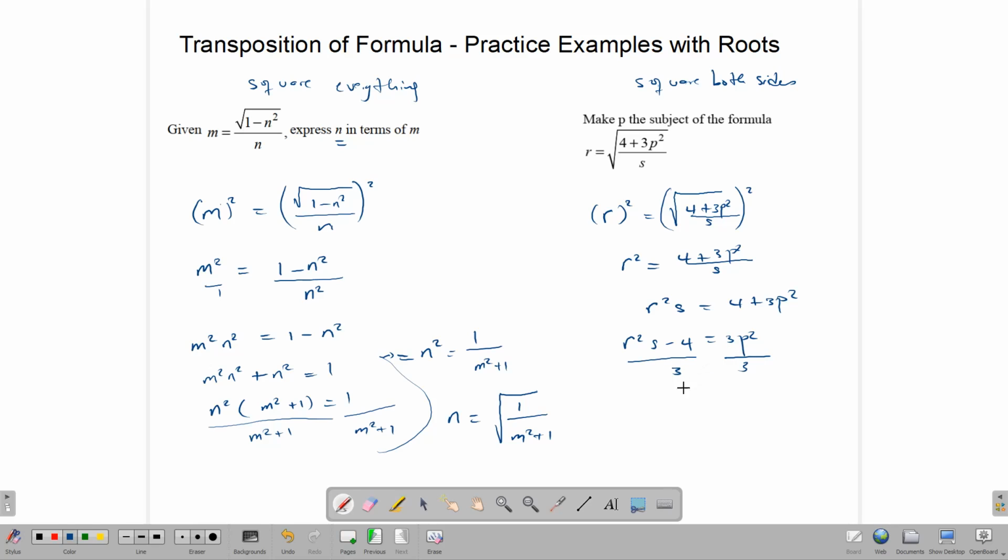This gives us r squared s minus 4 over 3 equal to p squared. And finally, to get our p, we need to find the square root. So p is going to be equal to the square root of everything, r squared s minus 4 over 3.